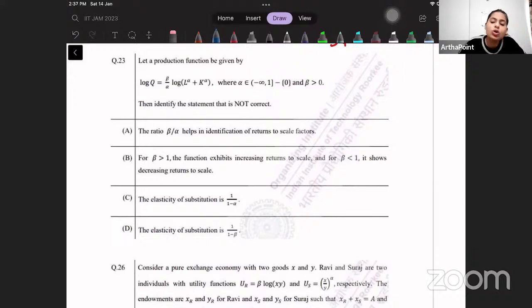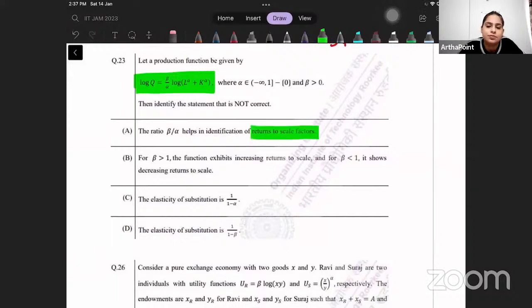I don't want to do this question directly in log form. If I do this question directly in the log form, I will never be able to talk about returns to scale. Doing lambda L, lambda K, all that will be very difficult. So I need to rewrite this production function.